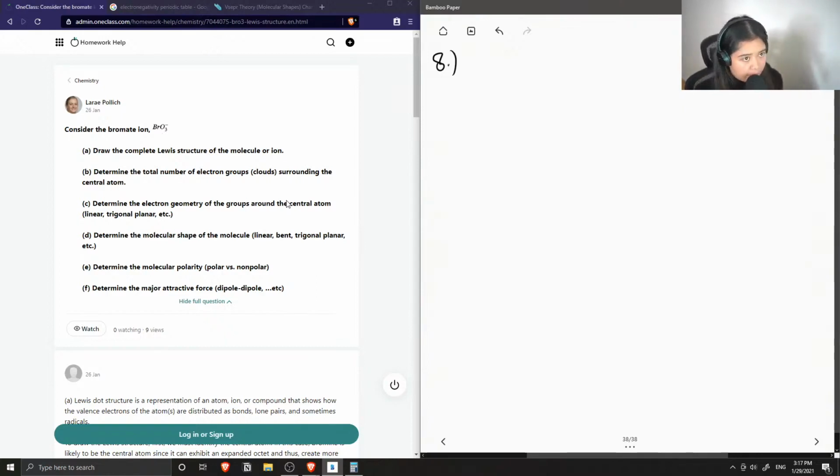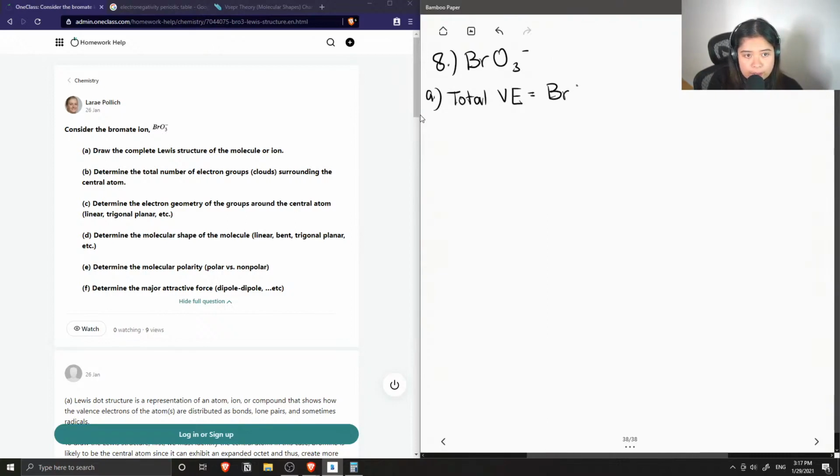Okay, so we have the bromate ion, which is BrO3 minus. And for part A, when we need to draw the Lewis structure, we first need to find out the total number of valence electrons for this ion.